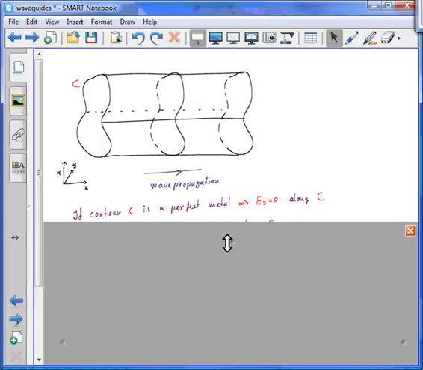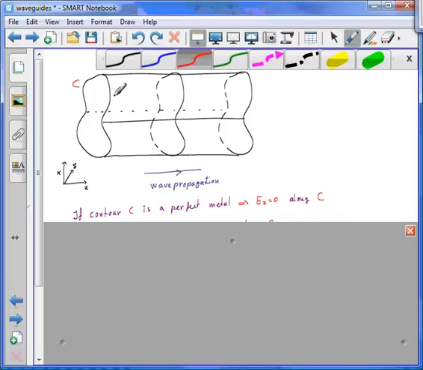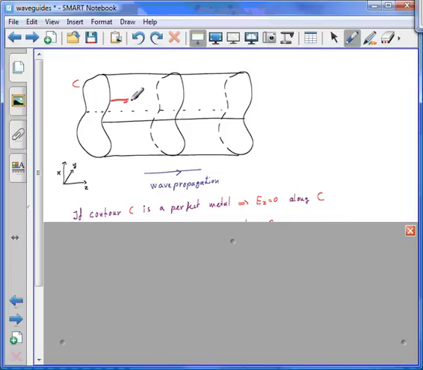Now, let's assume that this contour C is a perfect metal. Then this implies something for the electric field in the z direction: along that metal, that electric field component Ez has to be equal to 0 along that contour. So this is basically the condition Ez is equal to 0 along the contour C.